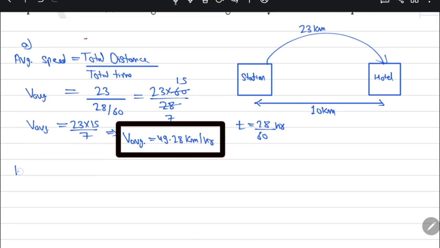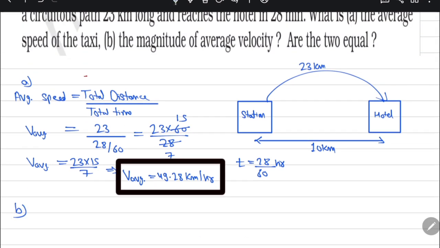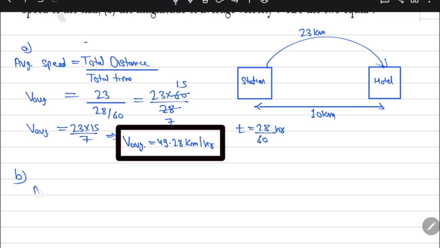Then after that, part B, the average velocity. Average velocity is basically change in displacement, or displacement upon time interval. So displacement is basically the shortest path.